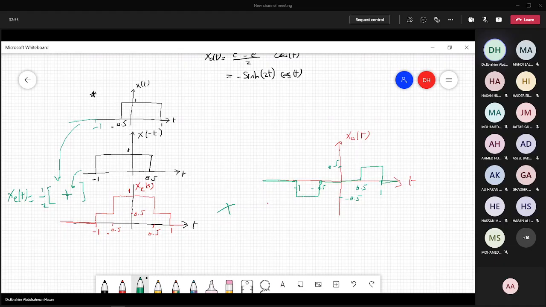Between minus 1 and minus 0.5, this is 0, while this one is equal to 1. So 0 plus 1 is 1, divided by 2 is equal to 0.5. Between minus 0.5 and 1, this is 1 and this is 1, so 2 divided by 2 is equal to 1, and so on.